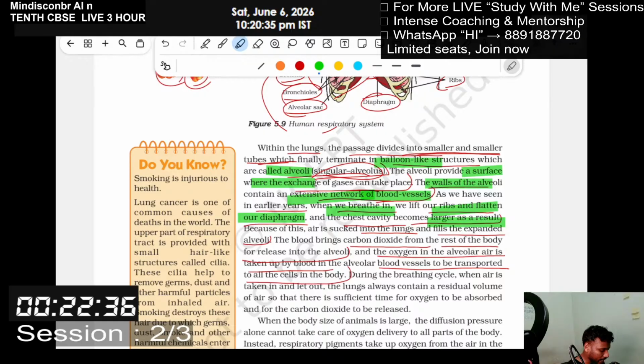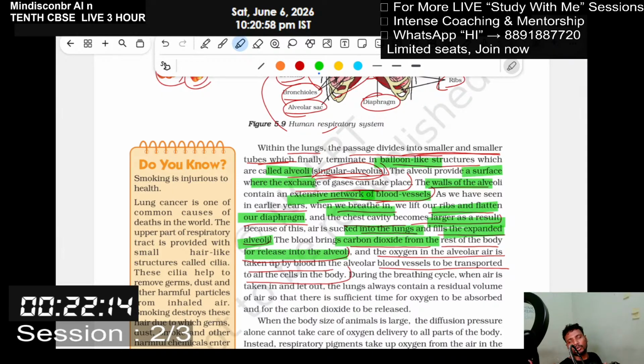Because of this, the air is sucked into the lungs and fills the expanded alveoli. The blood brings carbon dioxide from the rest of the body for release into the alveoli. First, the oxygen we inhale. Oxygen is inhaled. Oxygen goes to the windpipe or trachea, then to the bronchi, then to the bronchioles, then to the alveolar sac.